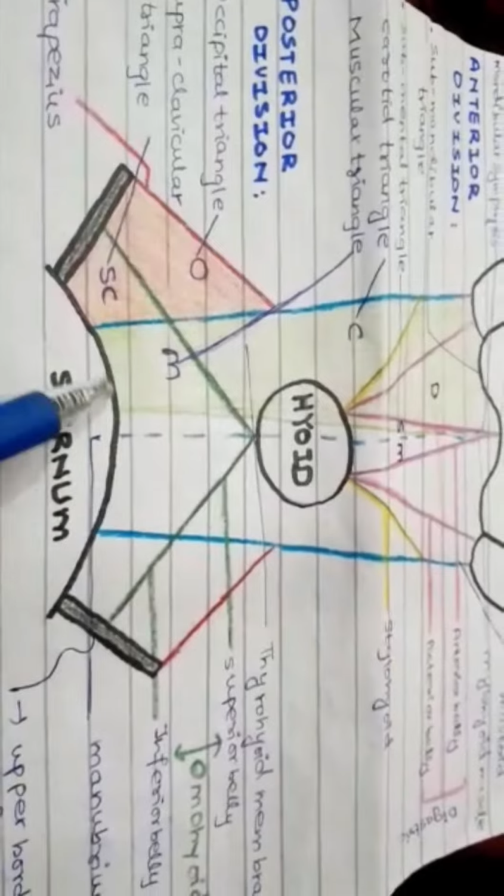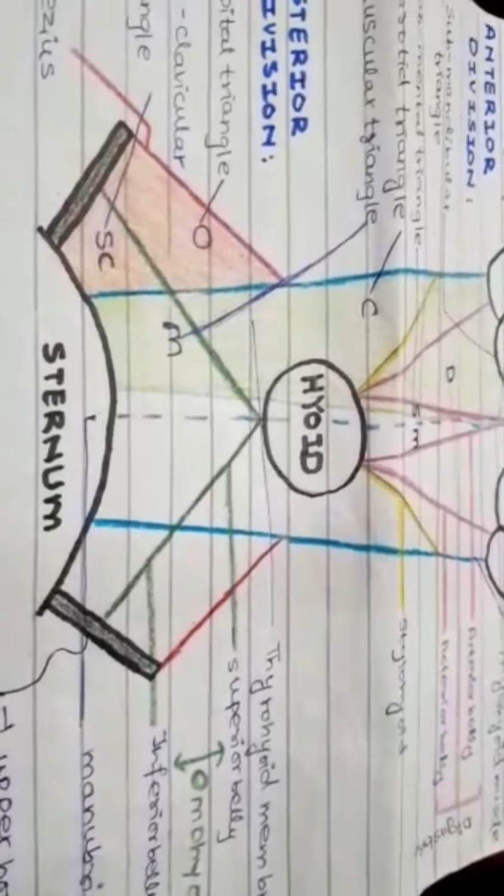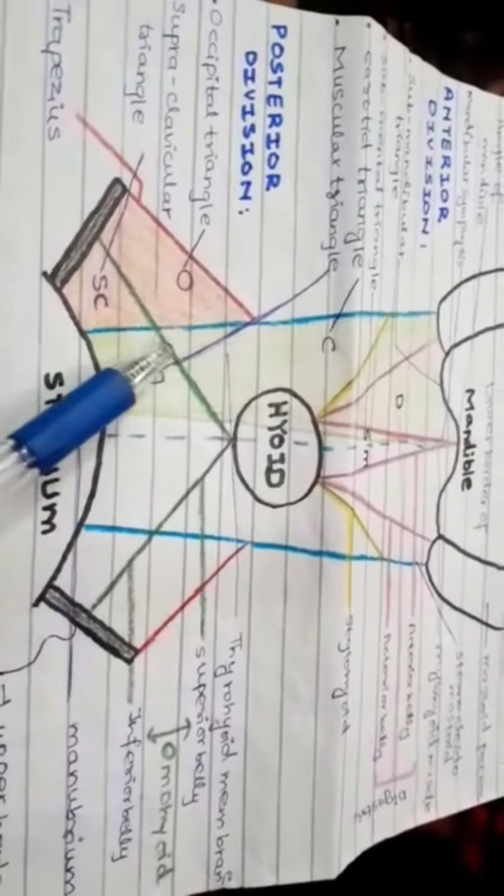Look, the base is attached with the sternum and the upper border is attached with the hyoid bone. The posterior border is made up of the omohyoid muscle, and laterally the sternocleidomastoid muscle is present in the muscular triangle.